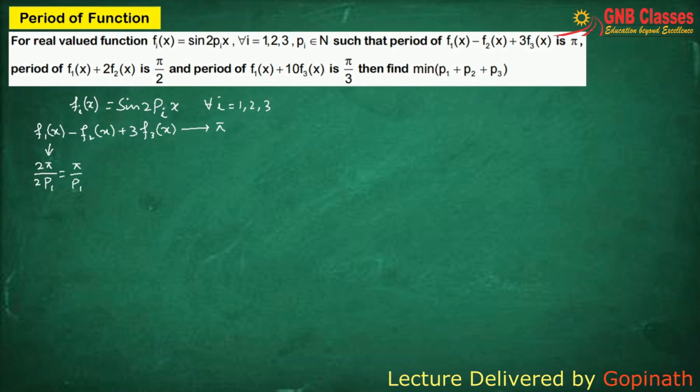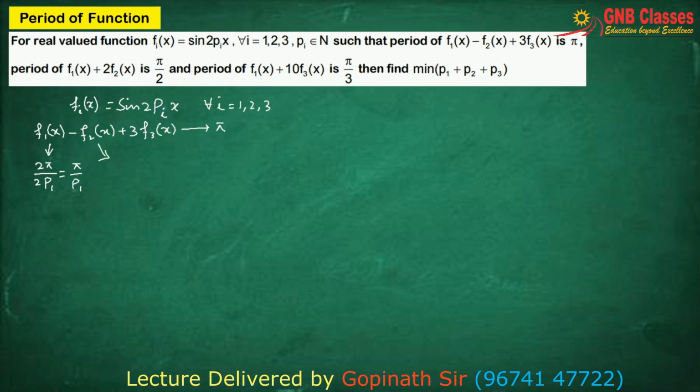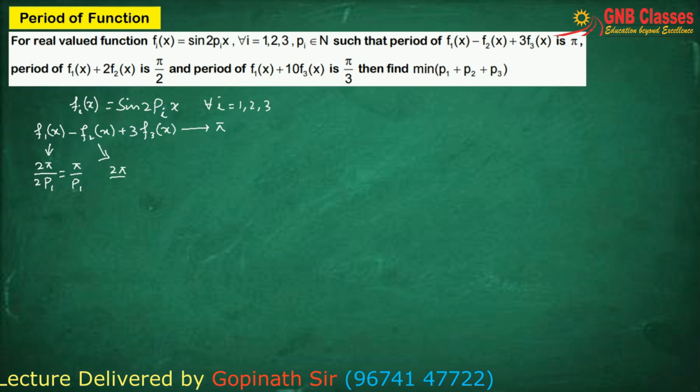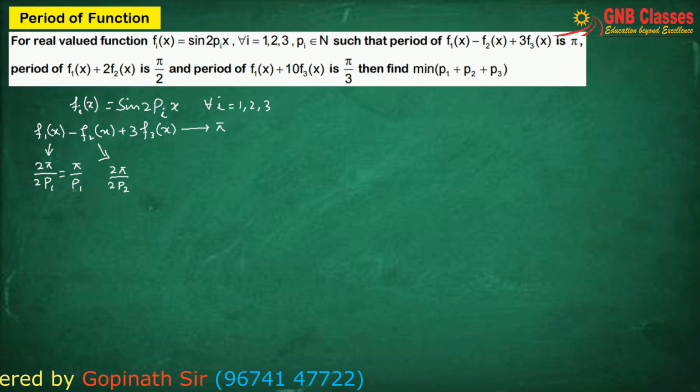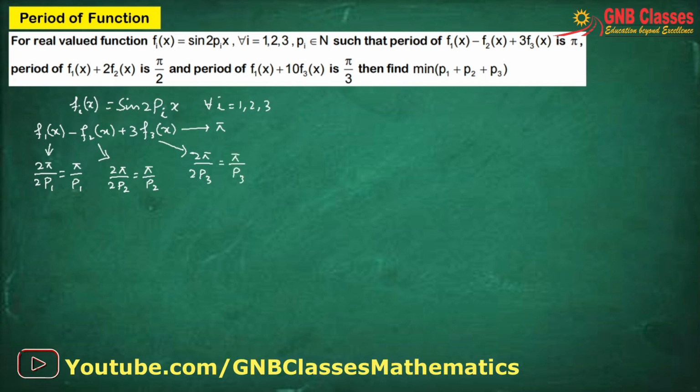Is this clear? The period for f2(x) will be 2 pi divided by 2 p2, which equals pi by p2. And the period for 3 times f3(x) will be 2 pi by 2 p3. Am I correct? So it is nothing but pi by p3.